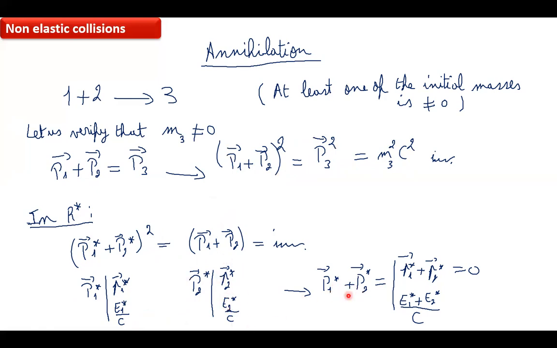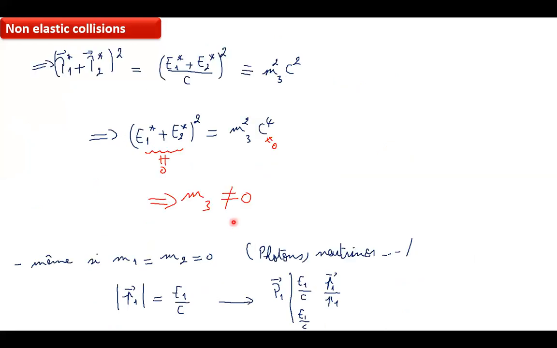So P1 star plus P2 star is the sum of little p's, which is equal to 0 in R star, and the sum of energies E1 star plus E2 star over c. Okay, so if we consider this square, P1 star plus P2 star squared is equal to E1 star plus E2 star over c squared, and that is equal to M3 squared c squared.